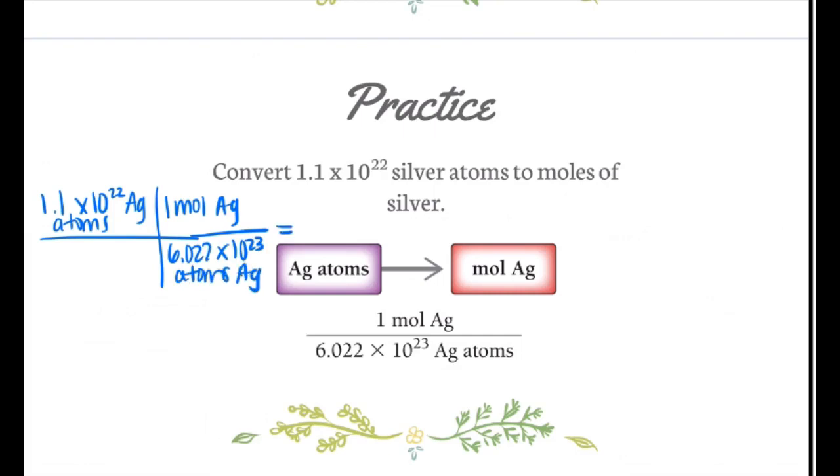And then this time I'm going to be dividing, so careful when you're putting this in your calculator, because if you put it in the wrong way, you're going to get an answer that's a lot different. So you should be getting 0.018 mole of silver. If you don't get that, let me look and see how you're putting that in your calculator.